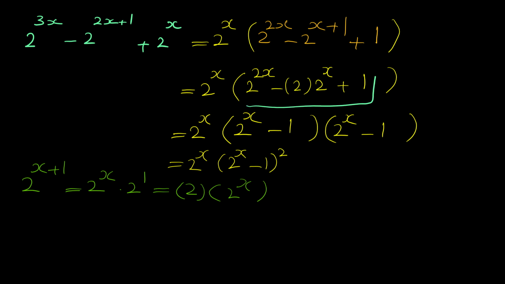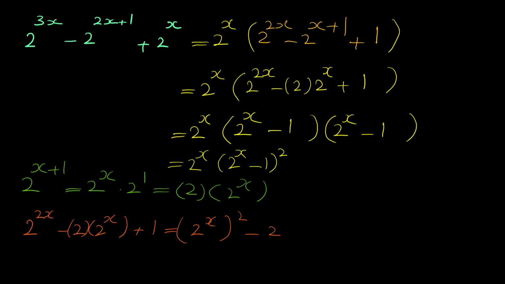For this part also, how from this we got to here, let me show you the substitution technique. It's not bad to go over that. So 2 to the 2x minus 2 times 2 to the x plus 1. The extra bracket around 2 to the x is not really necessary. 2 to the 2x is 2 to the x to the 2, minus 2 times 2 to the x plus 1.